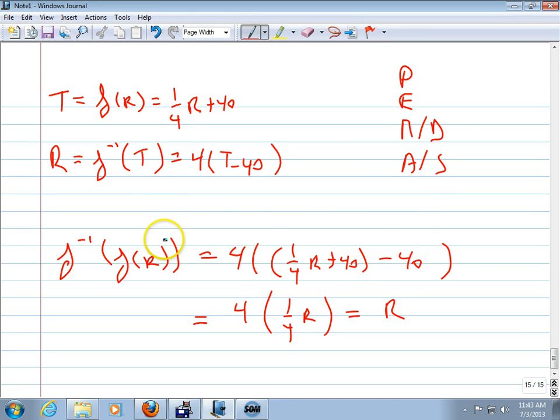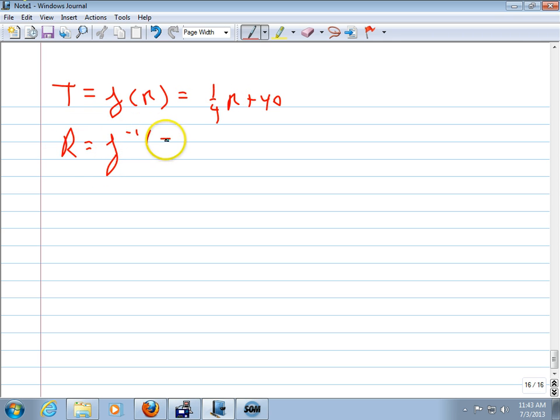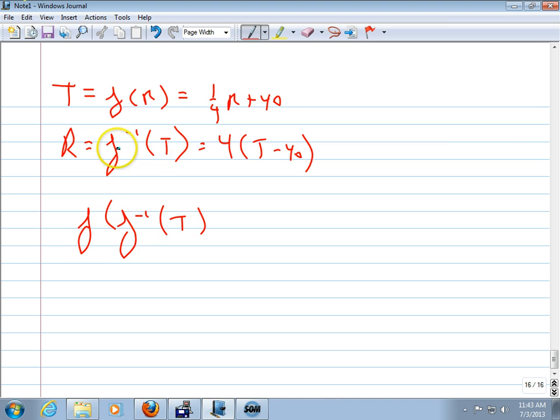Let's see. All right, let's do that again. So t is a function of r, which is 1/4 r plus 40. r is the inverse function of t, which is 4 times t minus 40. Now we just did f inverse of f of r. What if I do f of f inverse of t? The input is a t, right?